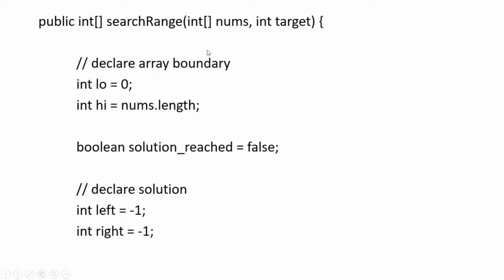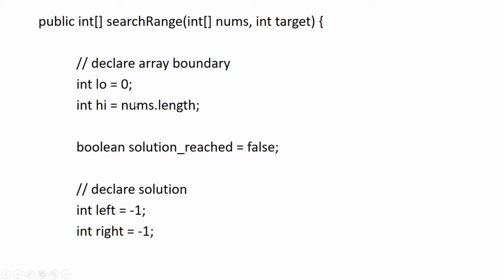Now this is our method. It's supposed to return an array of int, and it's taking an array of int, and at the same time it's taking a target, which is an int.